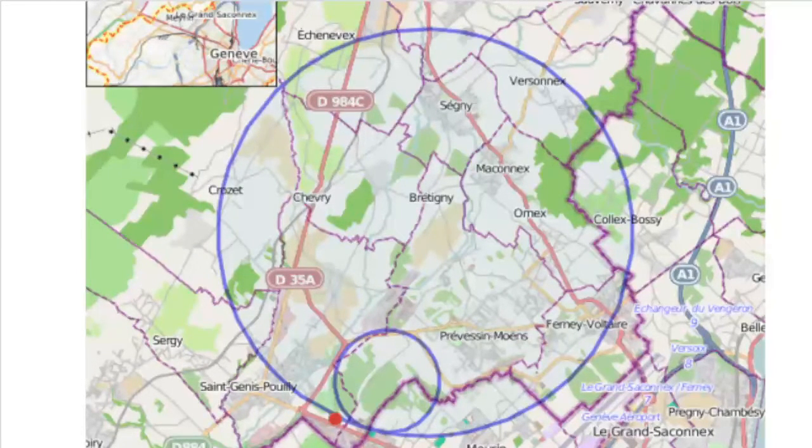So what we see here is a tunnel which is underground, in the area where the three countries, Italy, France, and Switzerland, are meeting together. This circle length is 27 kilometers.